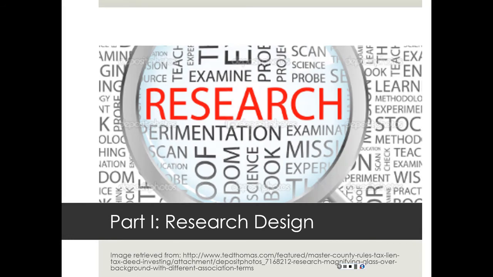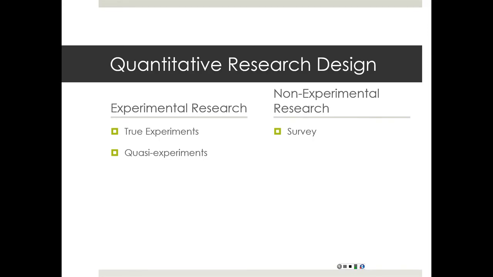Part 1. Research Design. In this section, we will discuss the differences between experimental research and non-experimental research. In experimental research, researchers give a treatment in order to determine if the treatment causes a change in behavior. In non-experimental research, researchers do not give a treatment.